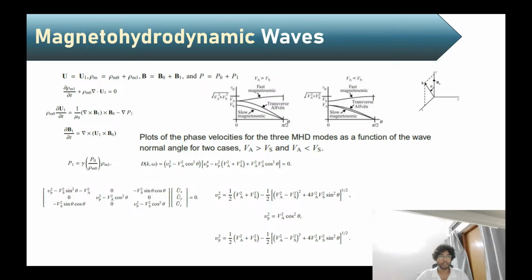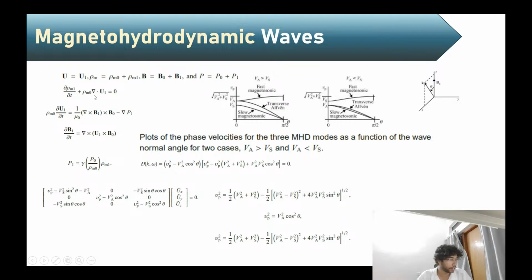Using those equations, we are going to derive the dispersion relation. As I said, the perturbations are represented by subscript 1, and the base state is represented by subscript 0. So this is the velocity, density, magnetic field, and pressure after we have applied the perturbations.